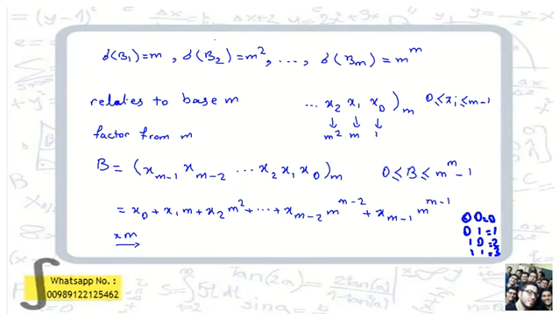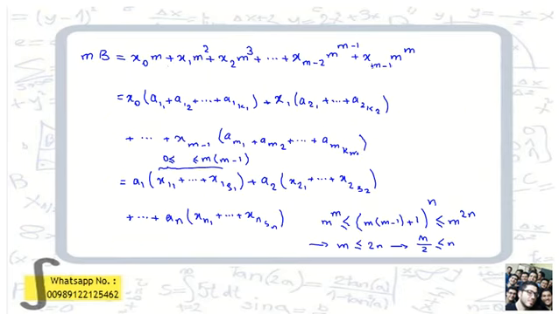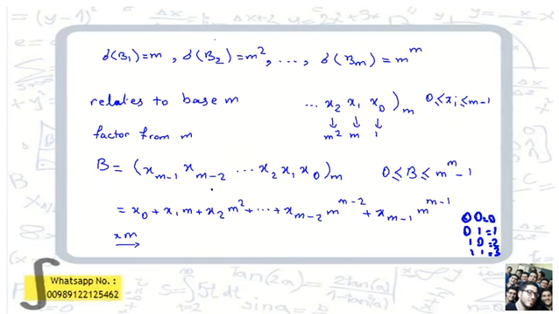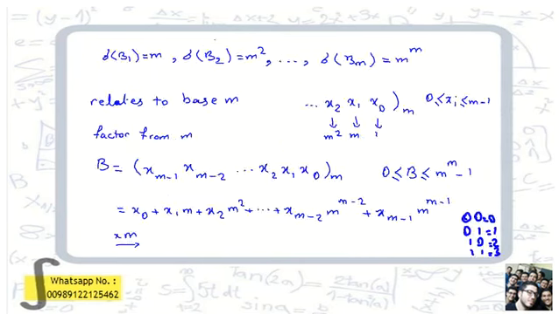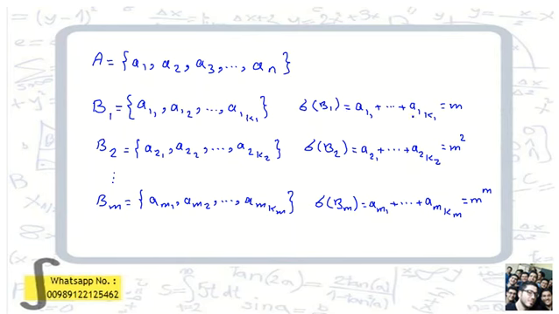So this B equals x0 plus x1 m plus x2 m squared to x_{m-1} m to the m minus 1. And if we multiply both sides by m, or as I said, we can consider a 0 here. So it would be x0 m plus x1 m squared to x_{m-1} m to the m, because we want to relate it to sigma of B1, which equals m. It starts from m. Now we replace m with the sum of elements in B1. Sigma B1 equals m equals a11 to a1k1.